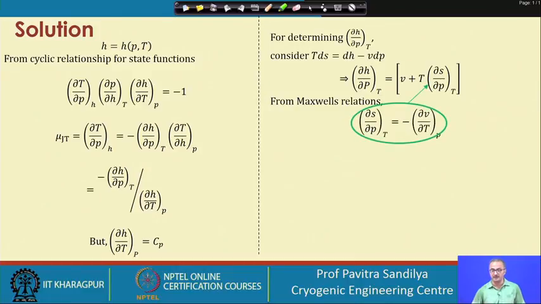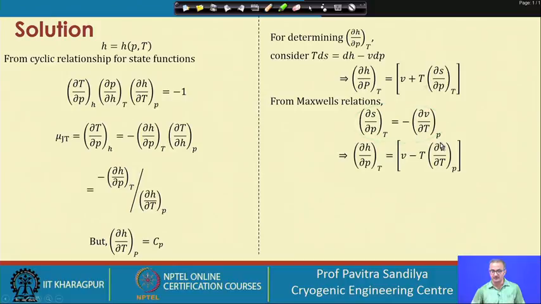From there we find (∂S/∂P) at constant T is equal to minus (∂V/∂T) at constant P. So we replace this term using the Maxwell relation, and we get V minus T (∂V/∂T) at constant P.